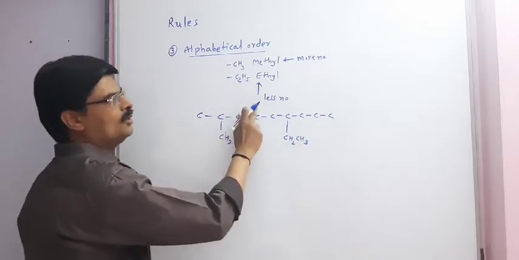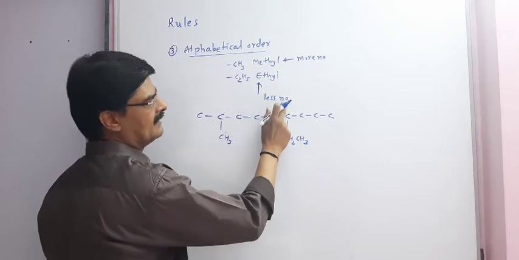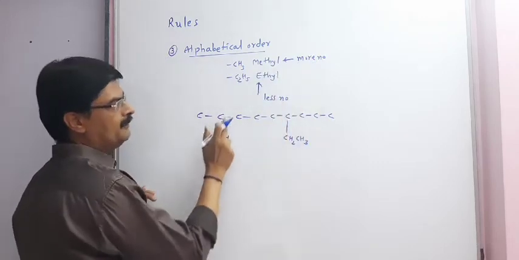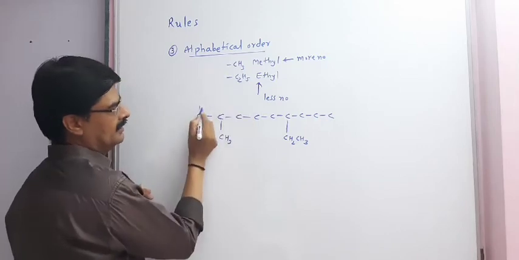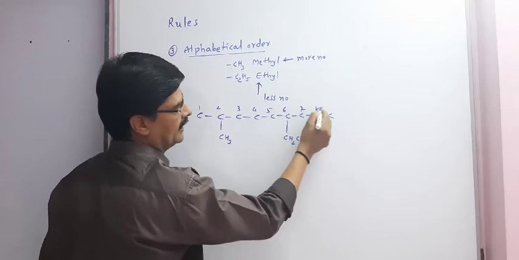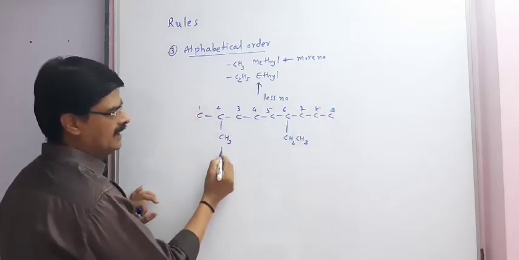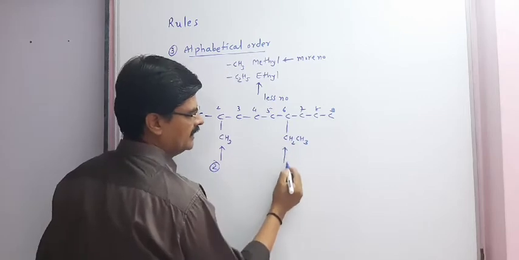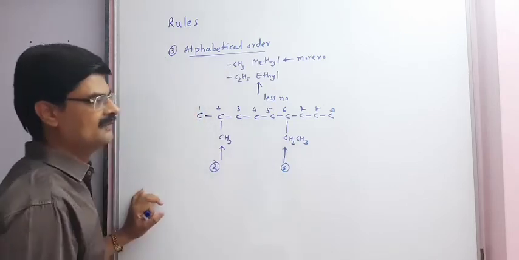So according to the rule, ethyl should get less number and methyl should get more number. But here, if we follow this rule, then writing 1, 2, 3, 4, 5, 6, 7, 8 and 9, methyl will get position 2 and ethyl will get position 6.